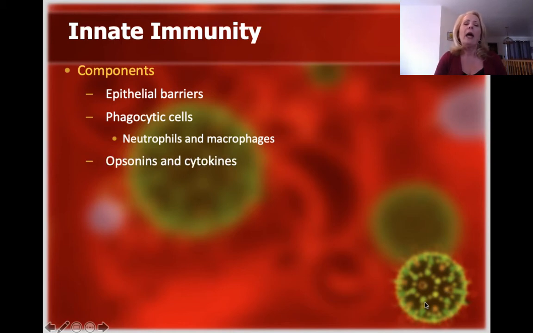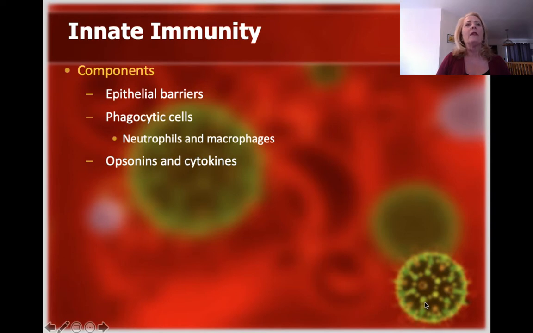And then you have opsonins and cytokines. Now, opsonins are chemicals, and some of the opsonins would be like antibodies, and these chemicals can bind to certain bad guys that get into the system, bacteria and viruses, dust cells, things like that. And then what it does is it makes it easier for phagocytes to grab onto these things and then by phagocytosis to eat them up.